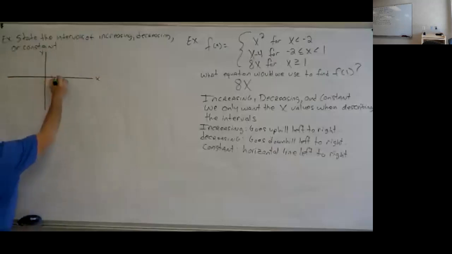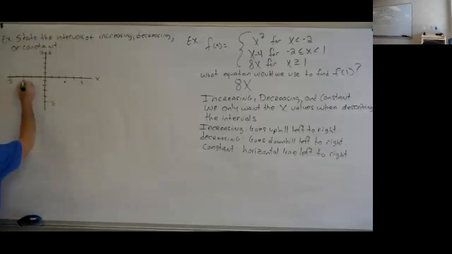All right, so I'll go out 1, 2, 3, 4, 5. All righty. Over here at 3, -1, I got a crossover point. At -3, -1, I got the crossover point.